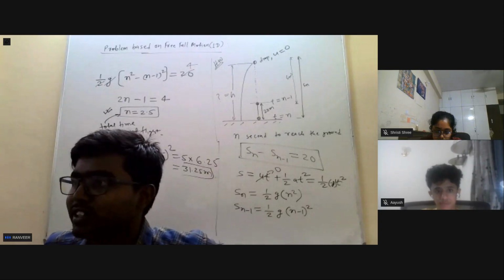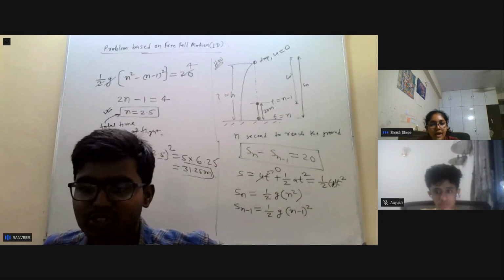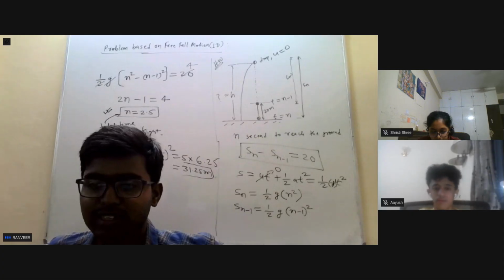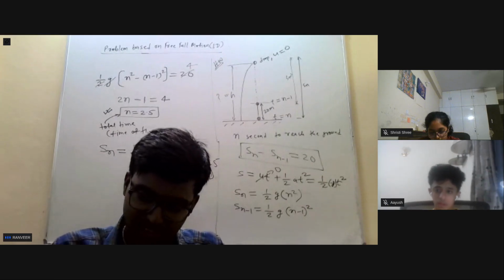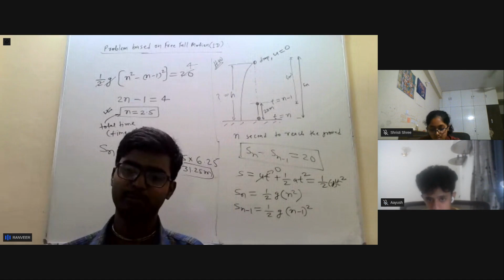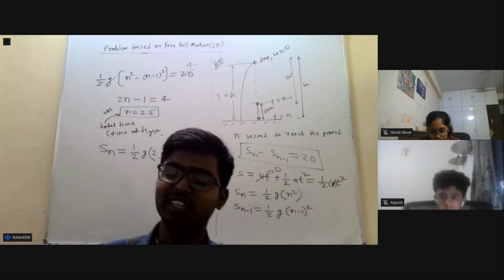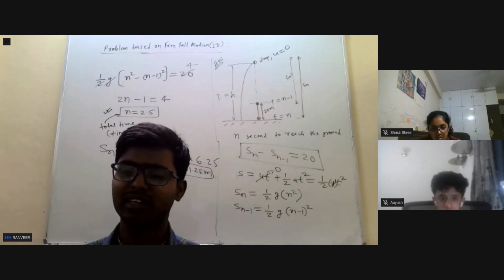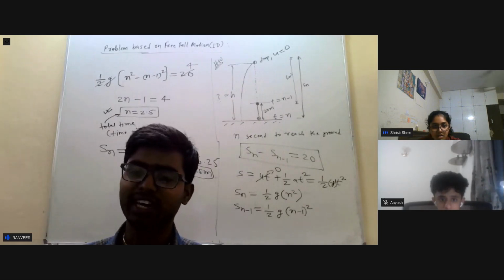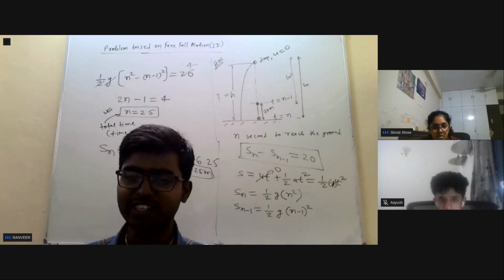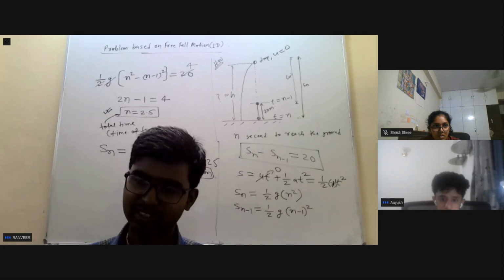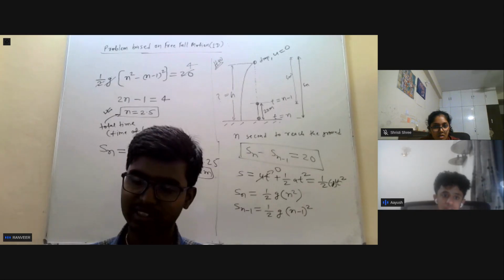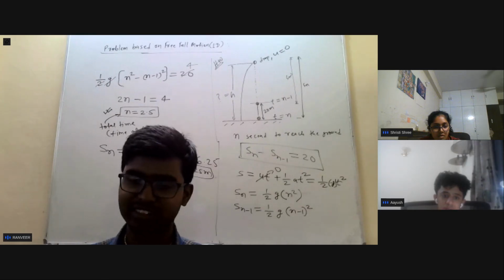How many balls are in the hand all the time? Maximum, how many balls in the hand? 2. If he is juggling 5 balls, how many balls are in the air? 3. Correct, 3.